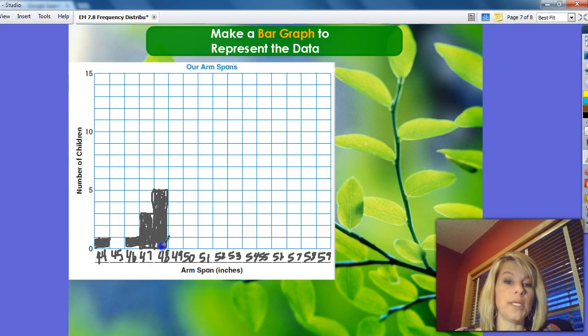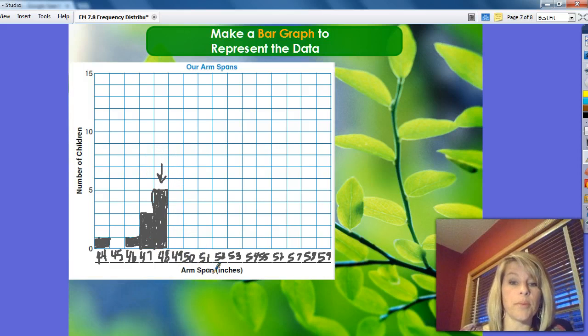So frequency meaning how many times it shows up. So the highest bar right here means that 48 inches is the most frequent number or most popular number. And then anything that's very low, again, is the lowest number or the least frequent.